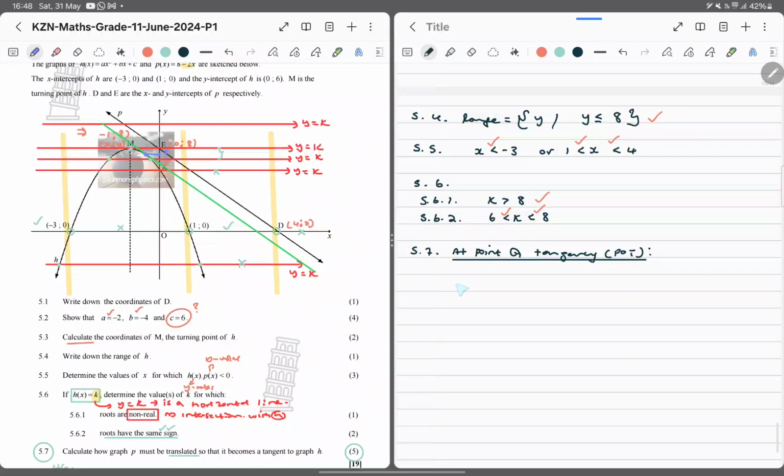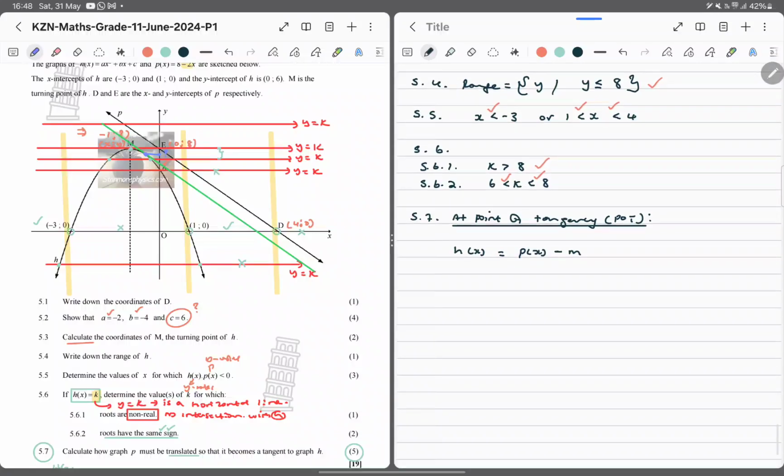We understand that h of x is equal to p of x minus m. You can even say plus m if you will. It's not a big deal. This implies that we have minus 2x squared minus 4x plus 6, right, is equal to minus 2x plus 8 minus m.